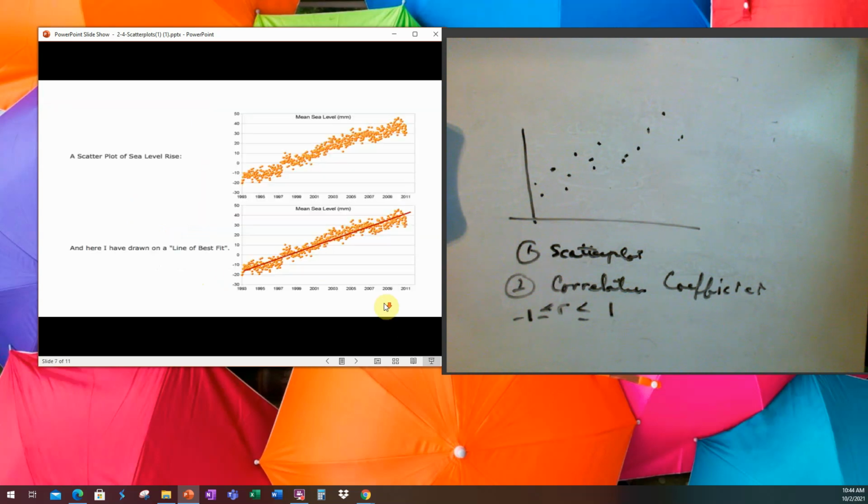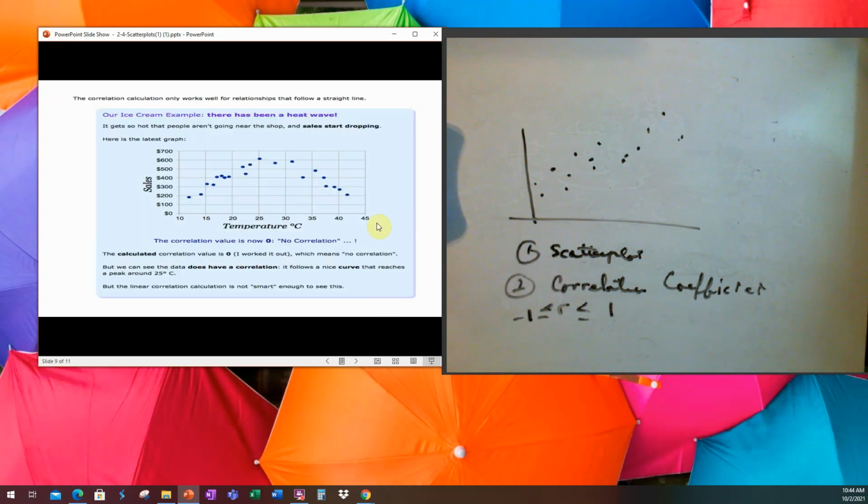But now as we go down here, look, we're going to go all the way up to here. It starts out, but then it starts going down. Probably people say, okay, it's just too hot to get out, so they're not going to go and start getting any ice cream sales. This fails to be linear. You would have to do a different model to do this. This would be a polynomial model.